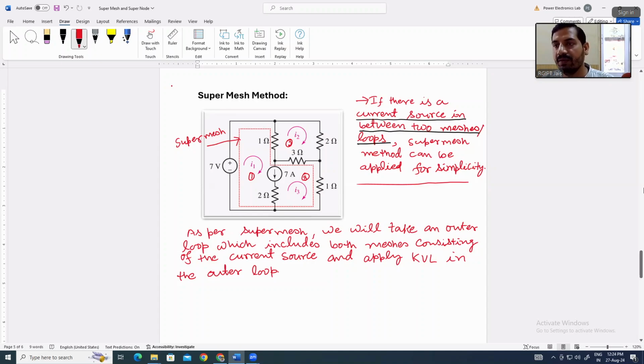If we apply KVL in loop 2, and another KVL in the super mesh, there are two equations we get straight away. But we have to look for a third equation also, so that we can calculate the values of I1, I2, I3. So to get the third equation, we have to apply KCL also. This is the thumb rule. Okay. Clear?